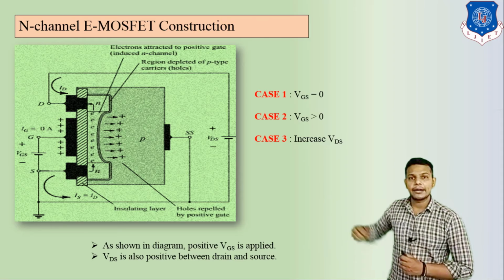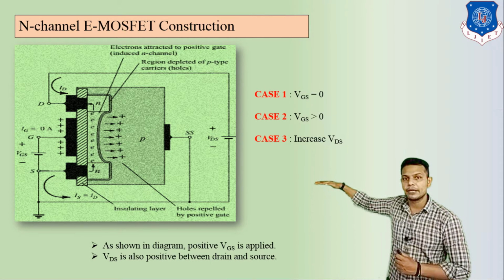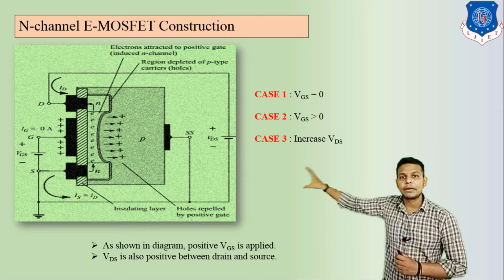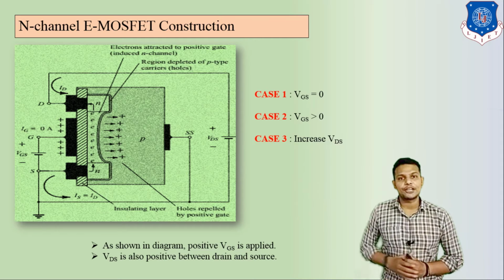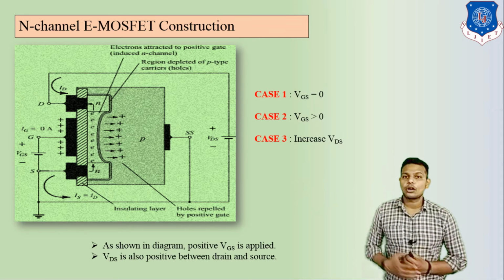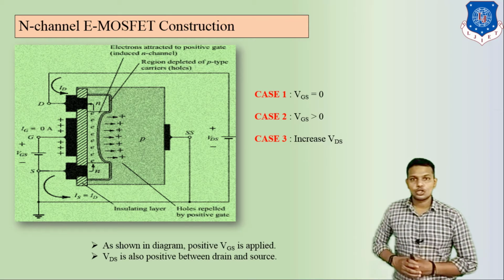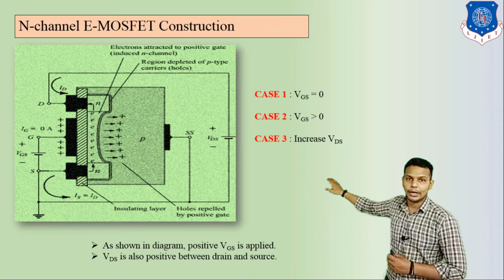Now if we apply the positive terminal at the gate terminal, then in the construction we can see there is P-type material, the P substrate. The majority carriers are holes, and the minority carriers are electrons. So a number of electrons get attracted towards this positive polarity.